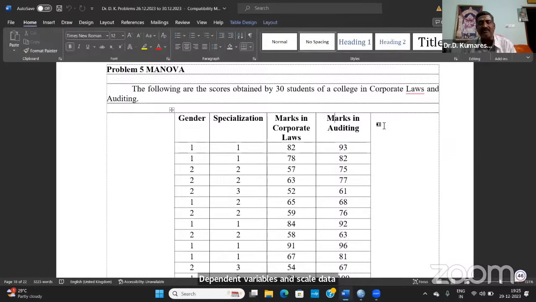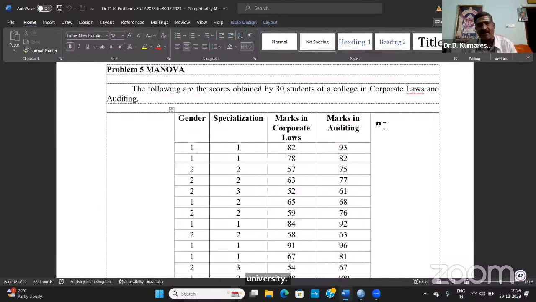See, both the marks in corporate laws and marks in auditing are different. Maybe in the model exam or maybe in the university exam, both must be either in model exam or in university exam.